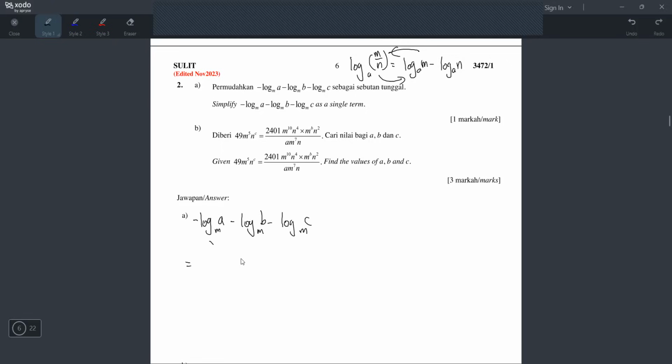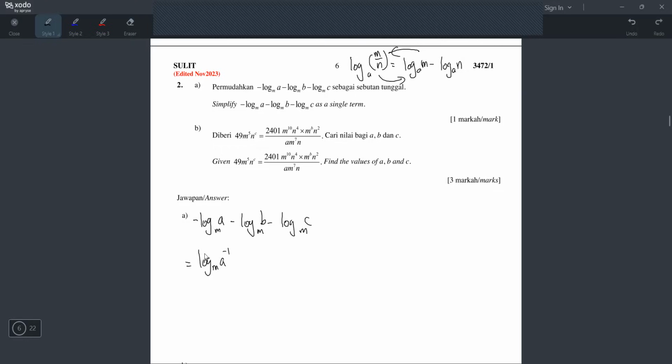How do we combine this into one? First, we have to make sure it's the same base, and one more thing: the front cannot have a number. If the front has a number, we have to bring it up as a power. So I will bring this negative up, and it will become power -1.